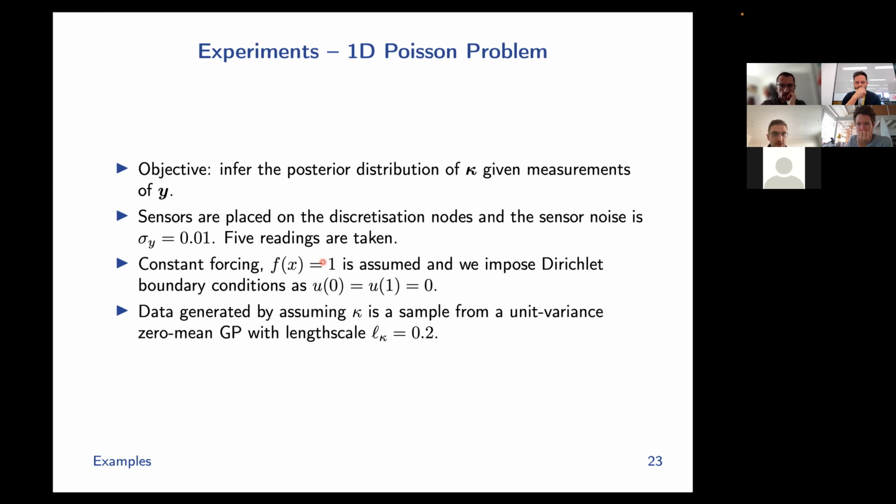We assume constant forcing and Dirichlet boundary conditions. The true kappa was generated by sampling from a Gaussian process with squared exponential covariance function with length scale L kappa equals 0.2, and the amplitude was 1.